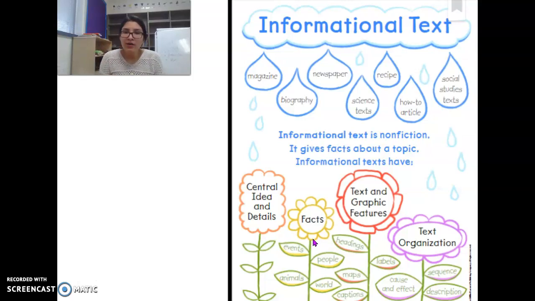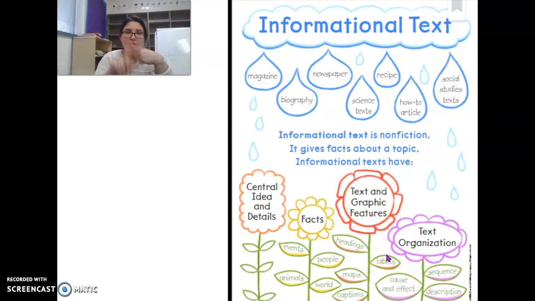Now, you can have facts about people, the world, animals, events, okay? So, for example, the school that we are at, that's a place, is called what? Nyack Elementary School. That is a fact, okay? Text features. We've gone over so many text features.